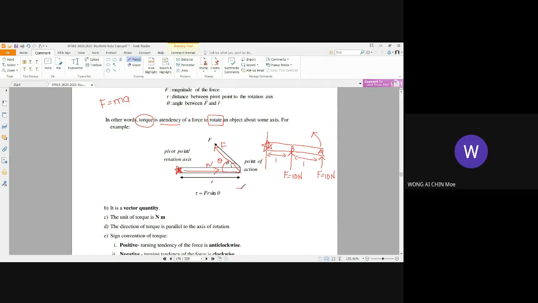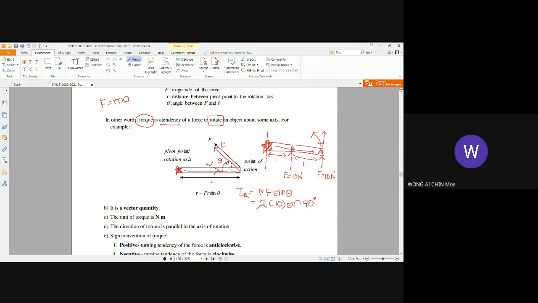If we calculate torque at point A, meaning RF sine theta, from this reference point our R is 2 meter. F is acting upward, so it's 10, sine 90 degree.